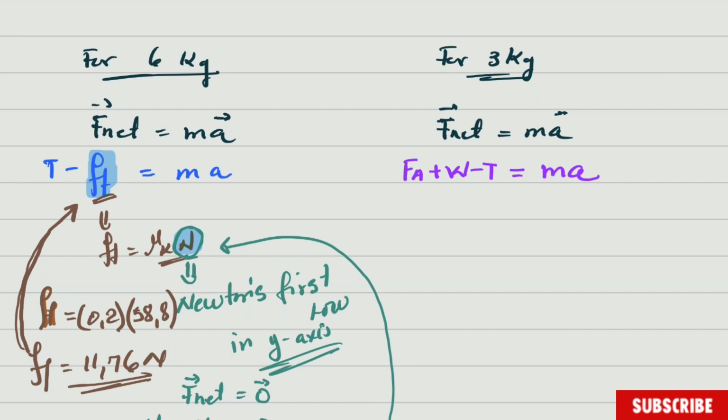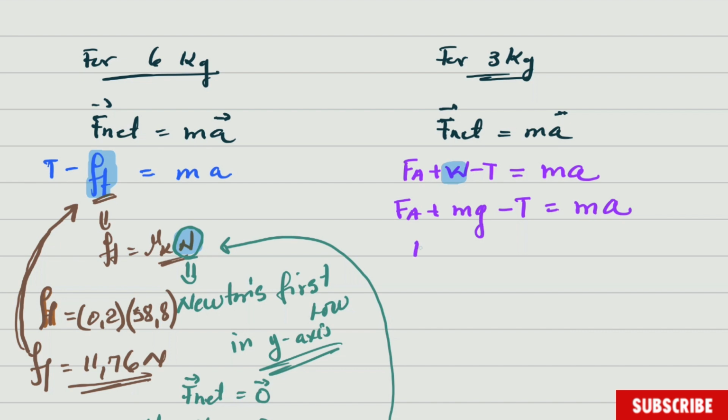All right, we don't have the weight, but the weight is quite simple. You know, the weight is mass times acceleration due to gravity. So if we do that, we say that FA plus mg, is very simple, minus T is equal to MA. And then we can substitute everything we have.